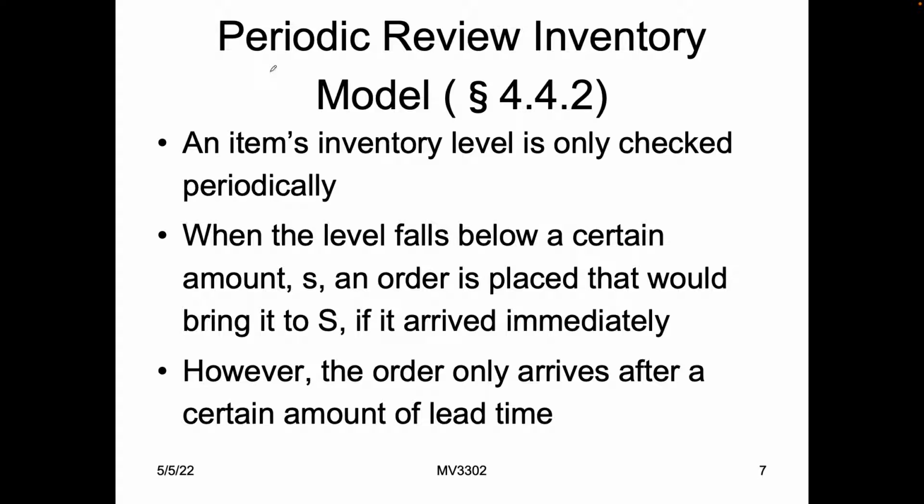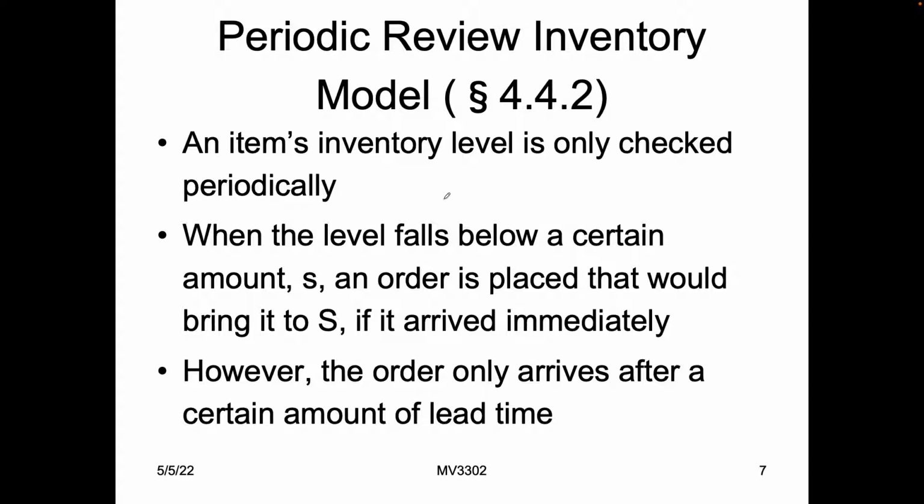There's a whole field of study for what the rules are in which we deal with this. And this is one of them. This is often called the big S little s model, or the reorder point, order up to.